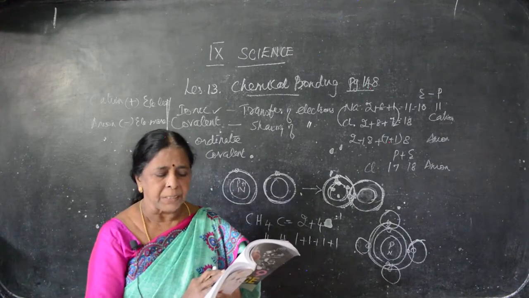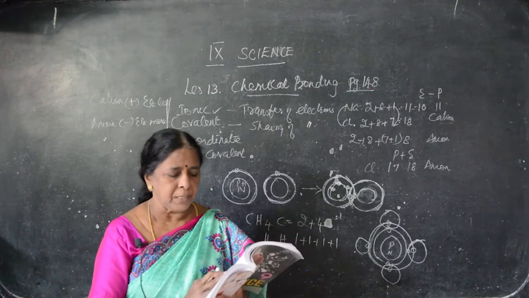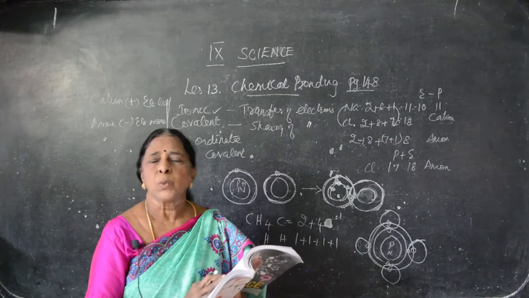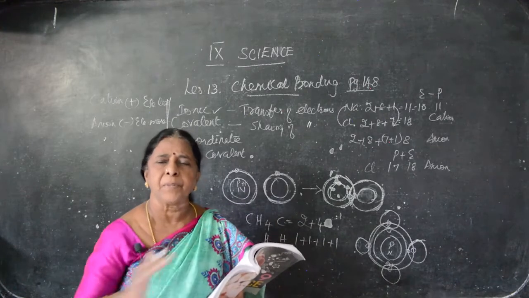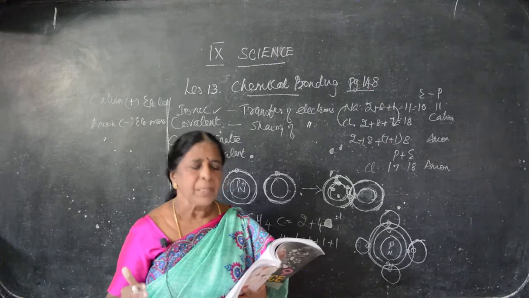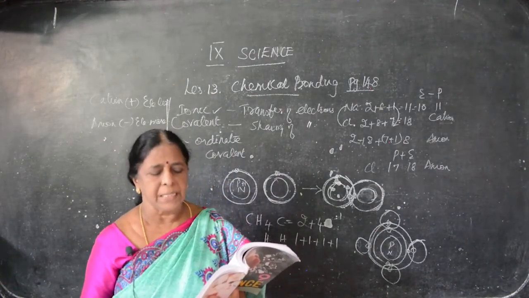But in 1923, Casimir Fajans found through X-ray crystallography that some of the ionic compounds show covalent character. So far they thought that ionic is entirely different from covalent character because they transfer the electron thoroughly. But he said no, some of the ionic compounds present covalent character also.